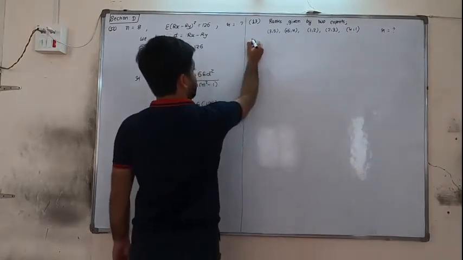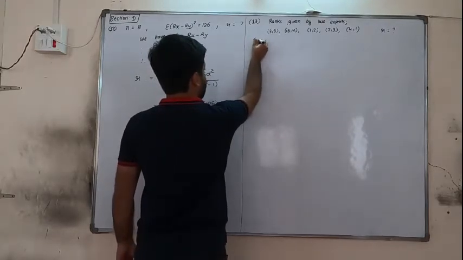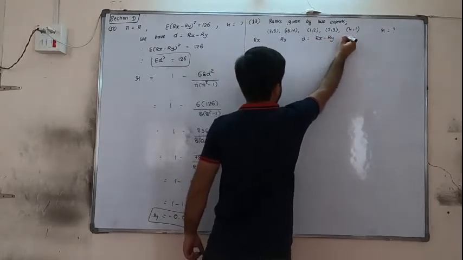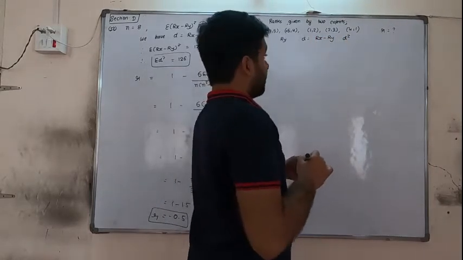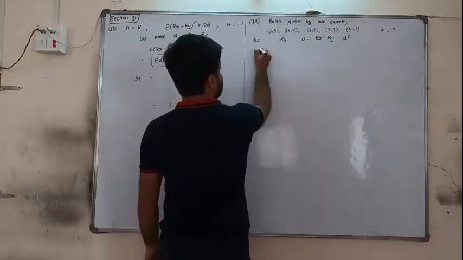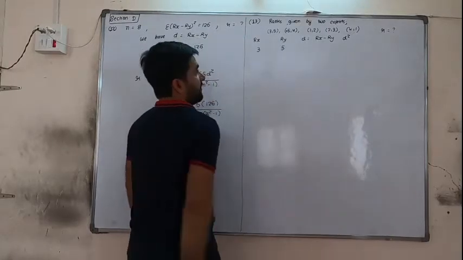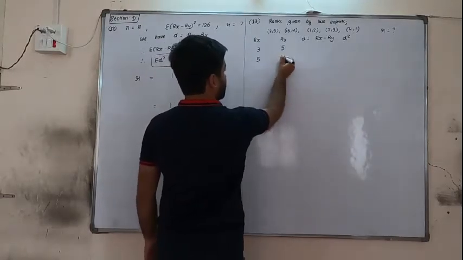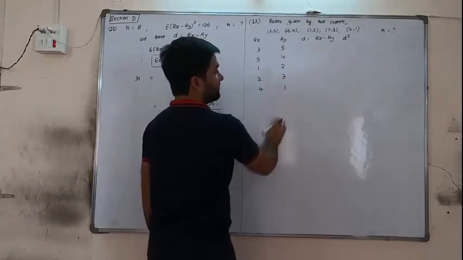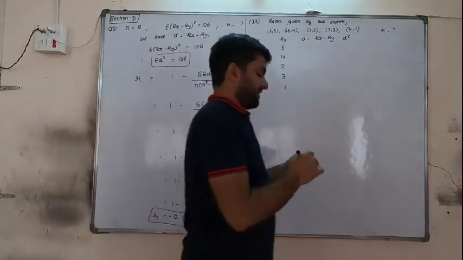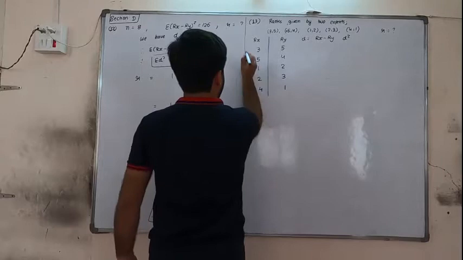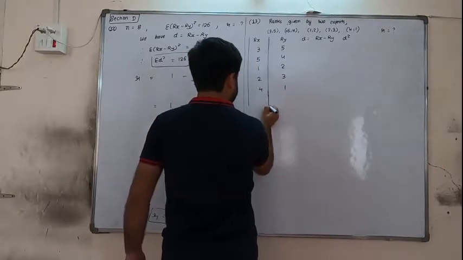Now we will write the columns as Rx, Ry, D is equal to Rx minus Ry, and finally the D square. Now how to write the data is the important part. The first pair is 3 5, so 3 in Rx, 5 in Ry. Second 5 4, so 5, then 1 2, then 2 3, and last 4 1. So in this way you do it. The sum is easy, but you want to understand what things are being given.